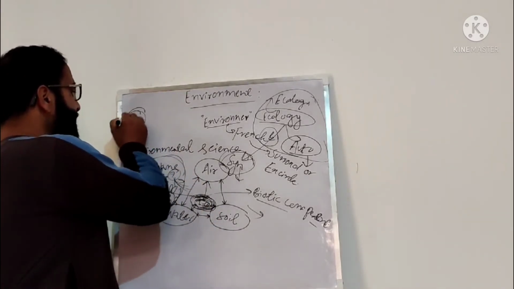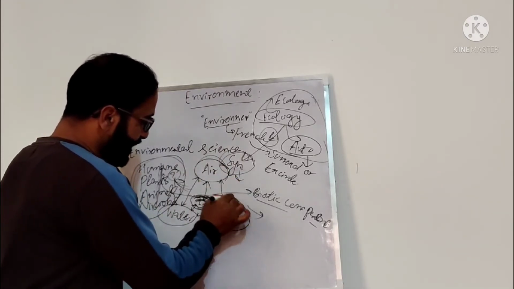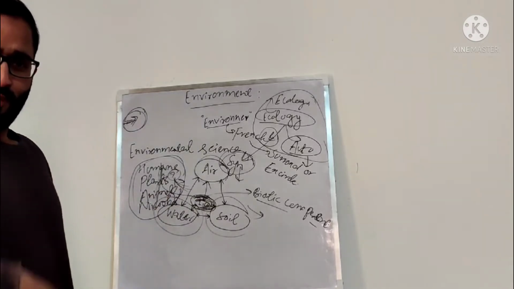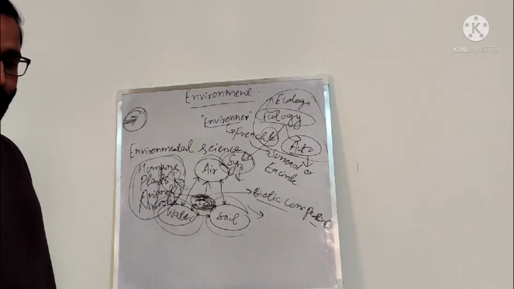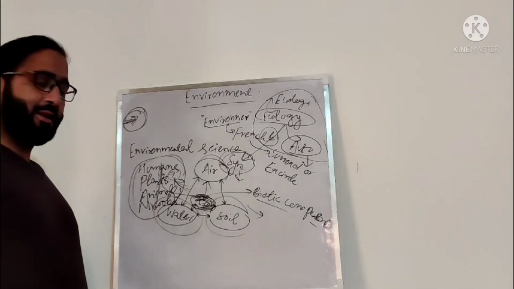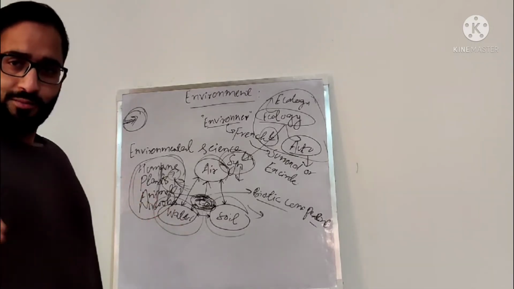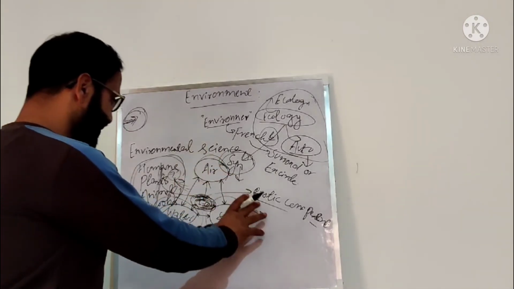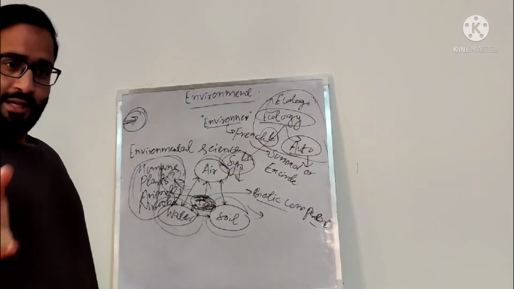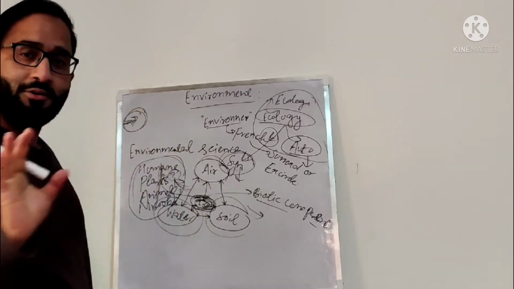So environment is the sum total of all the physical and biological components which surround us, which influence us, which affect us in one way or another, and their interactions. In short, we can say environment is the sum total of all the components, physical as well as biotic, and their interactions.